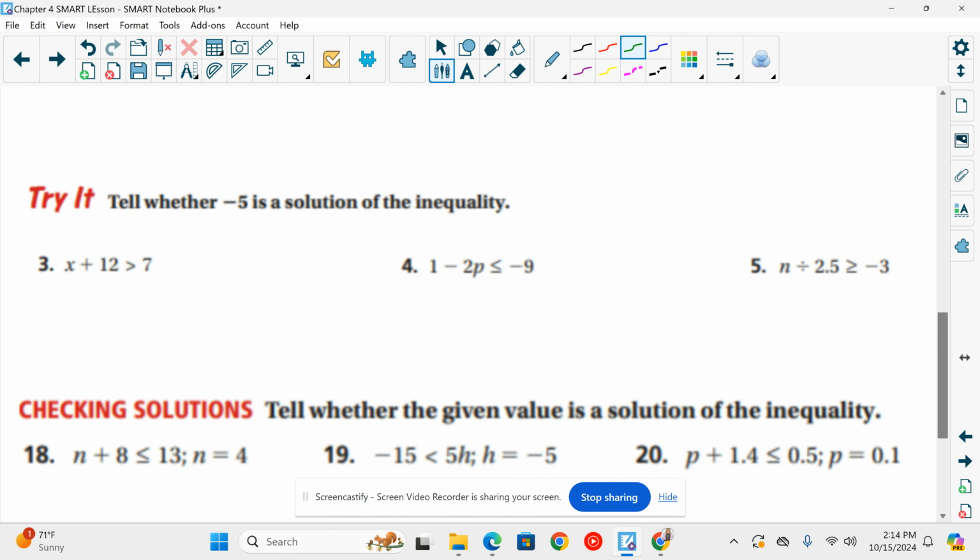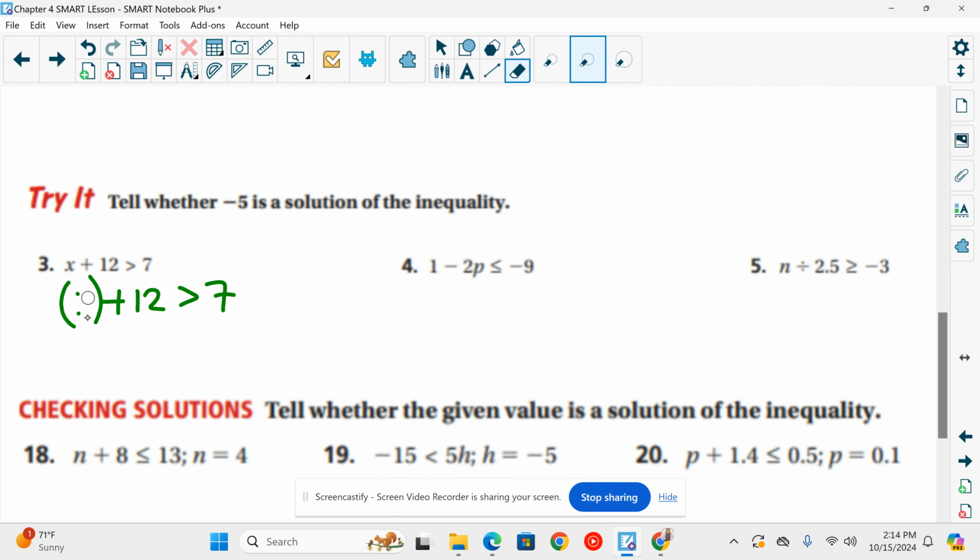Let's look at number 3 under the try it. They want us to substitute using negative 5. So when I rewrite it, x plus 12 is greater than 7. I'm going to put parentheses around my variable. I'm going to substitute.